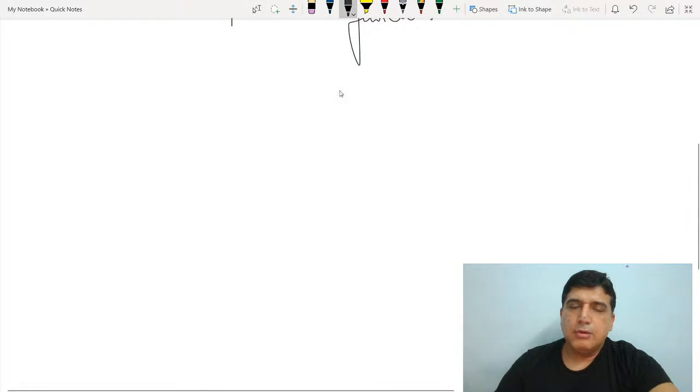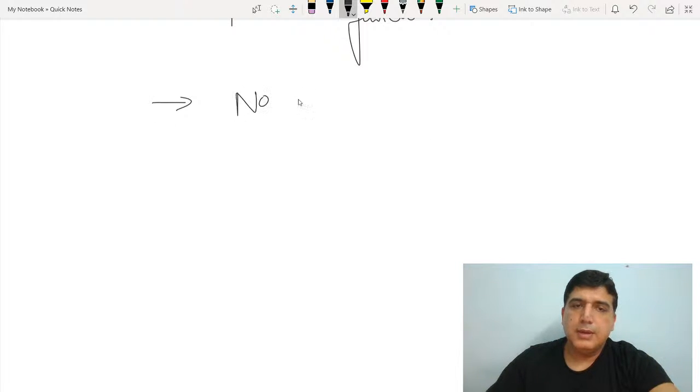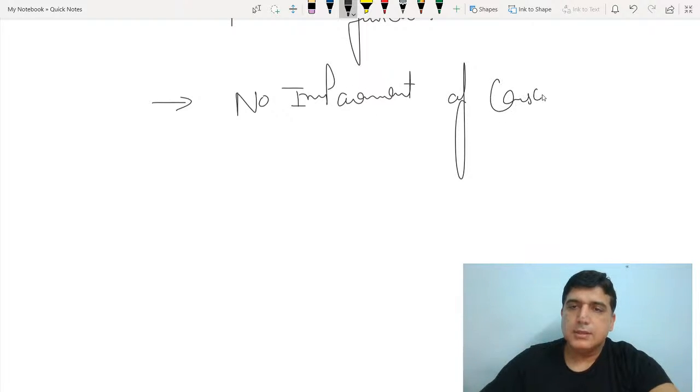Dementia is a neurocognitive disorder, an organic disorder, and one of the characteristics of organic disorder is impairment of consciousness. But in dementia, there is no impairment of consciousness. That is the second important point.